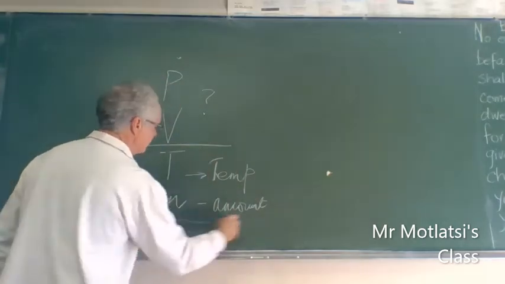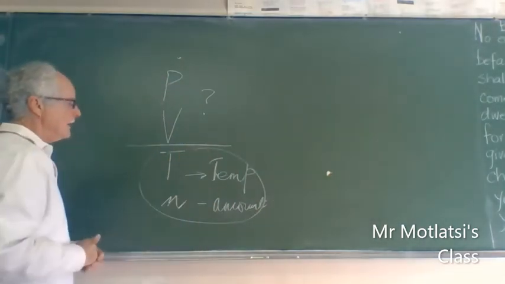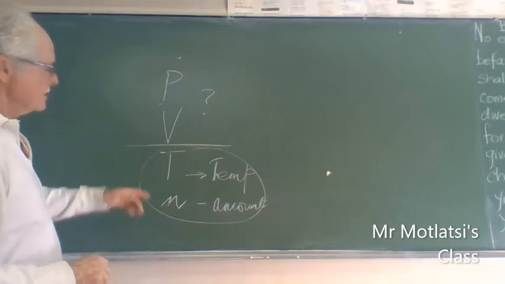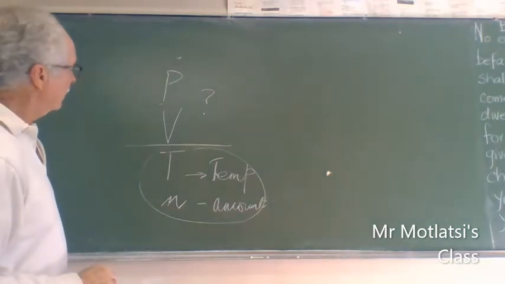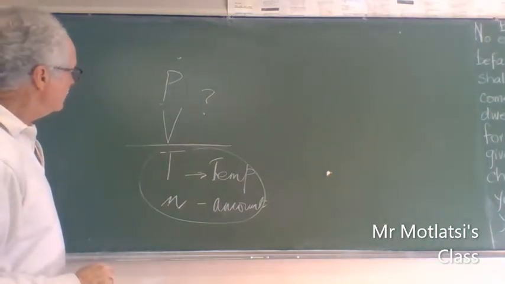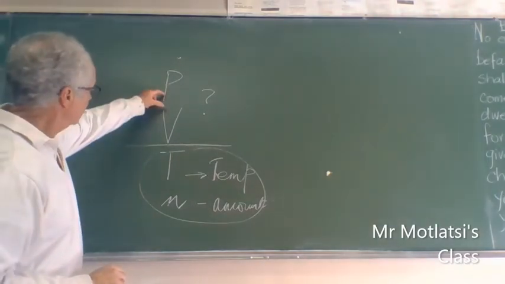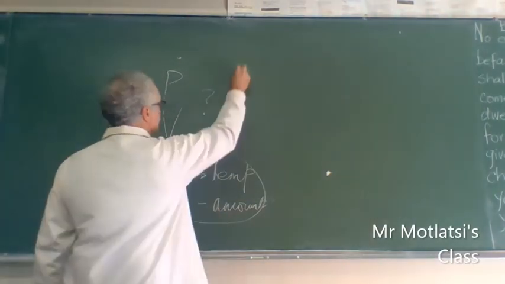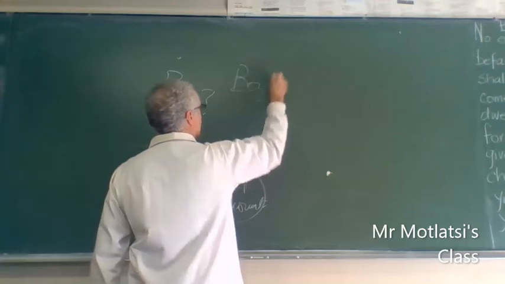So those are the control variables, they're the constants. And the scientist who designed an experiment to investigate this relationship was called Charles Boyle.